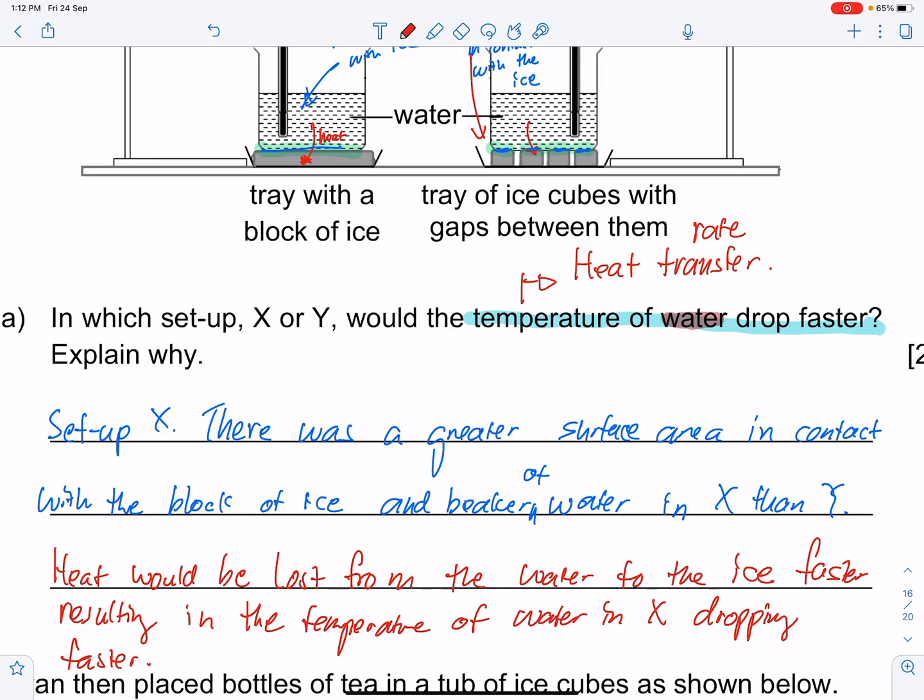Once again, the common thing: when it's heat loss, say from where to where. And because it's a comparative kind of question, you have to use comparative words like faster, greater. All this needs to be there.